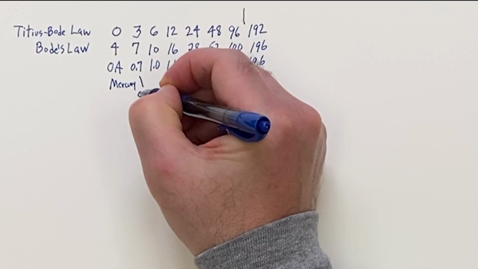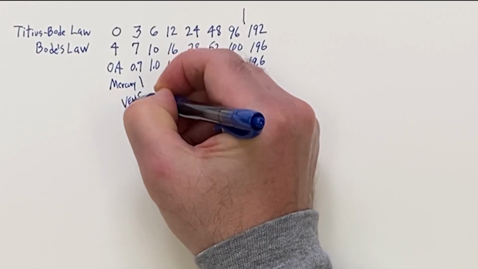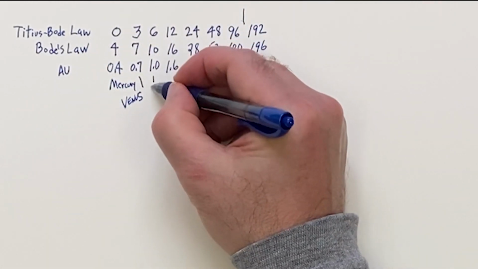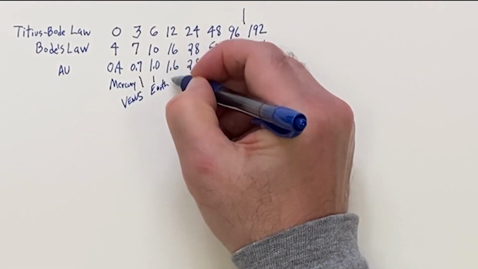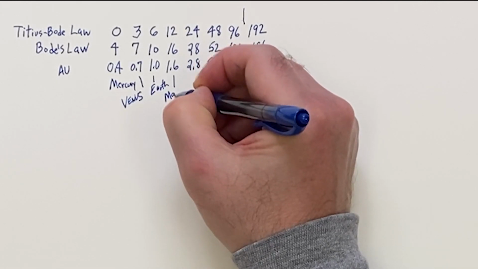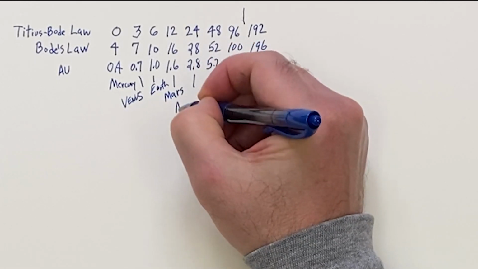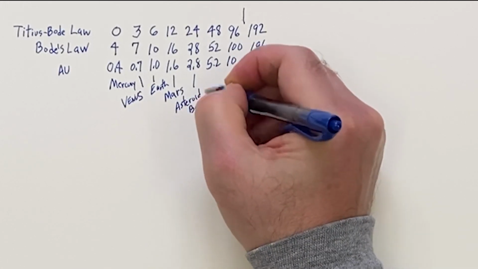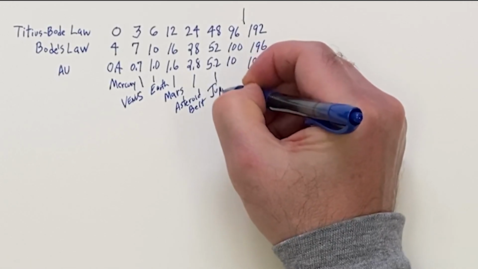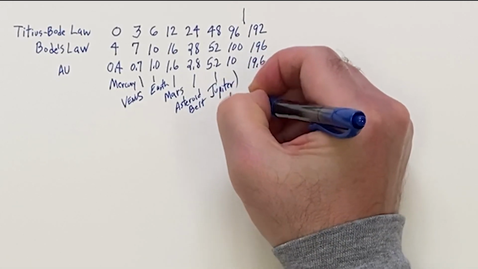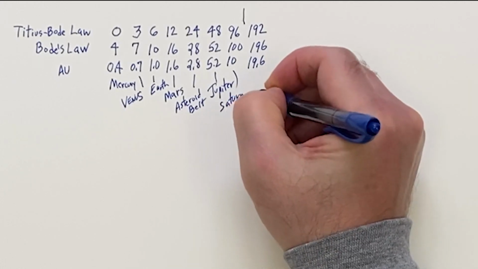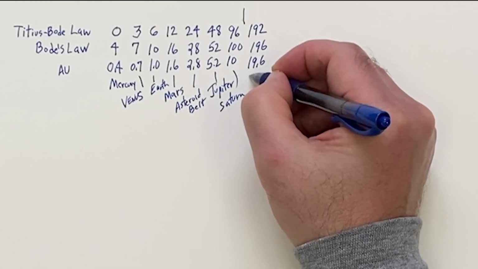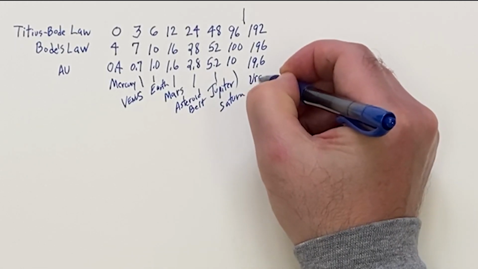This is Venus. These are astronomical units from the sun. This is Earth. Mars is about 1.5. This is the asteroid belt, which has an average around 2.8. This is Jupiter. Saturn. Saturn's more like 9.5. And then this would be a planet they predicted the next one would be there. Uranus.